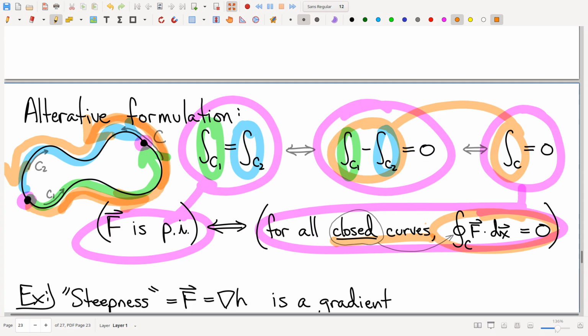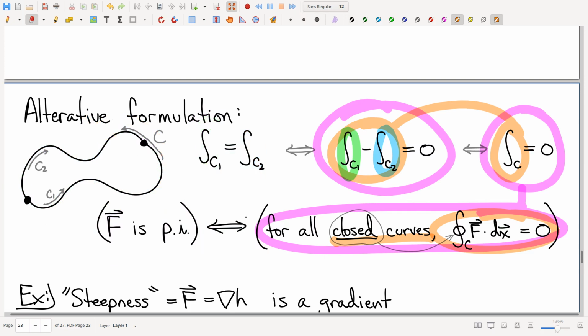Circulation. So alternative phrasing of path independence is that all circulations are 0. Everybody on board? In some moments, this is actually a really useful alternative point of view. Okay. All right.